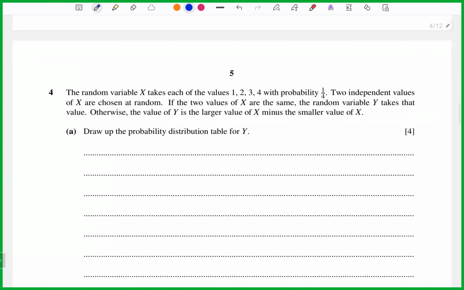Otherwise, the value of y is the largest value of x minus the smaller value of x. A. Draw up the probability distribution for y. So you see these keywords, right? Let's see how to do it now.